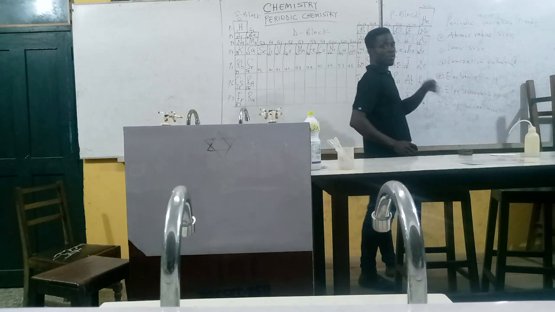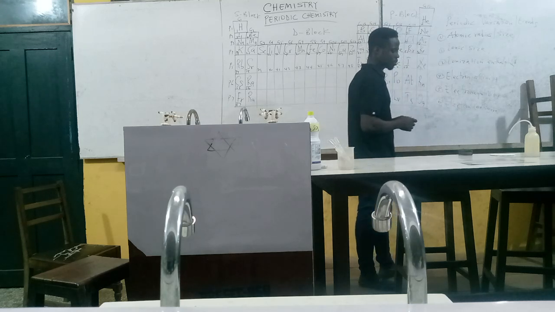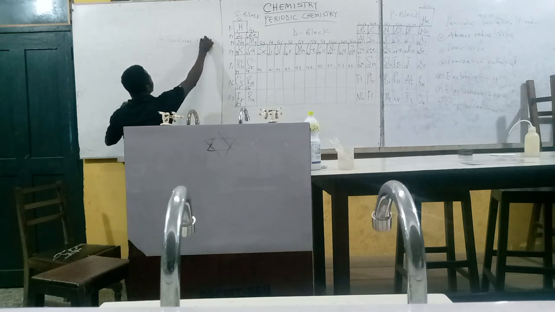Writing of the electronic configuration also affects the periodic variation. We can have another one: boiling point. We can have melting point.